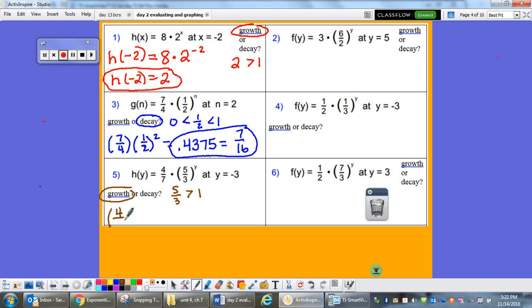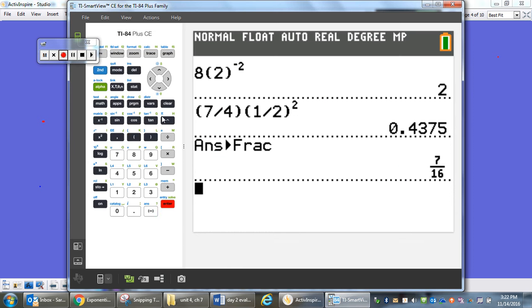So 4/7 times 5/3 to the -3rd equals. Use your calculator. 4 divided by 7 times 5 divided by 3 to the negative third power.